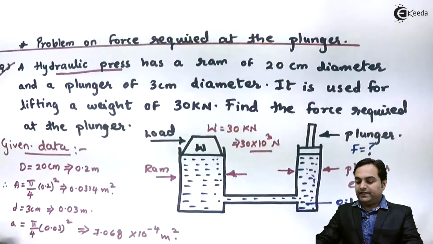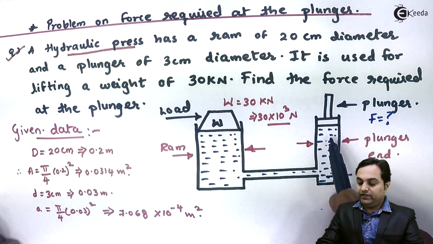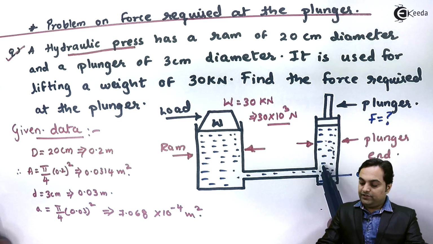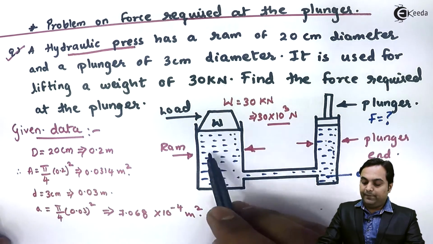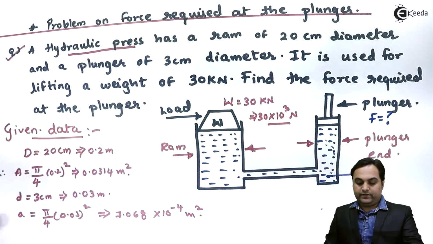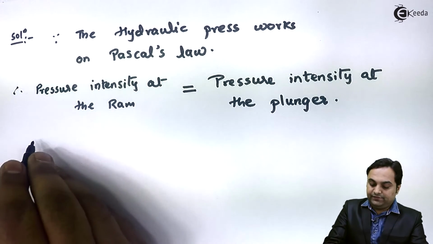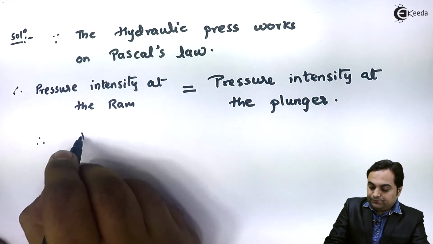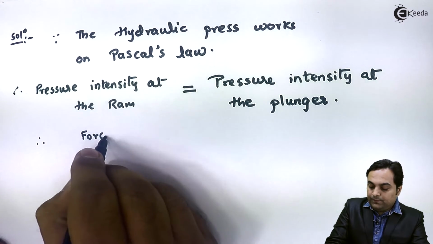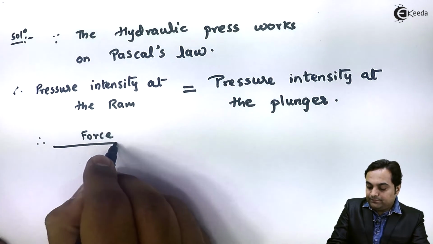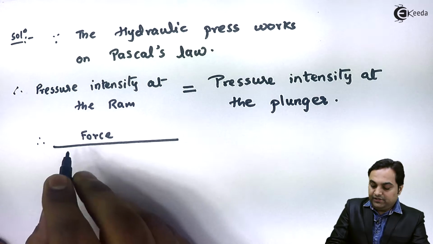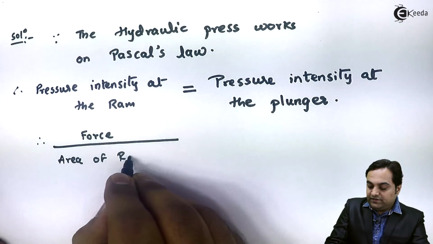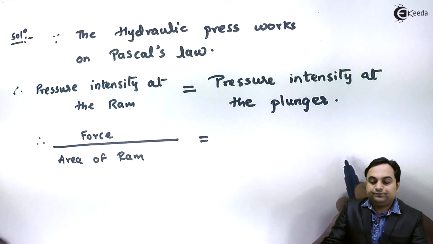I can explain it on the diagram that if we are applying a pressure at the plunger end, this same amount of pressure would be transmitted to the ram end. So I'll say that therefore pressure, we know that it is given by force upon area, and here the area would be area of ram, since we are writing pressure intensity for ram.